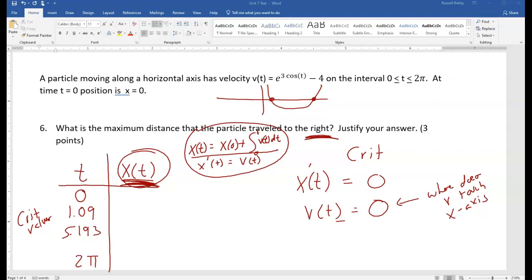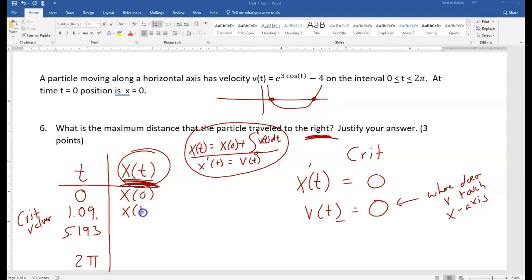Now, I don't know if I would say it's a safe move. It might be, but I don't know if I would say just take your answers from number 5 and put them in here. I just make sure that the points you're putting in there are actually the places where the velocity is touching the x-axis. That's what really matters. Okay? But in this case, it just so happens that, yes, that's right where the velocity was touching the x-axis, and we already found that. All right, so we need to find x of 0.